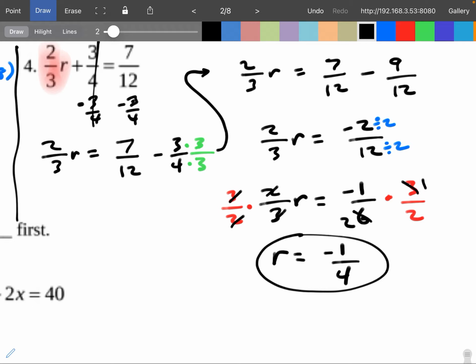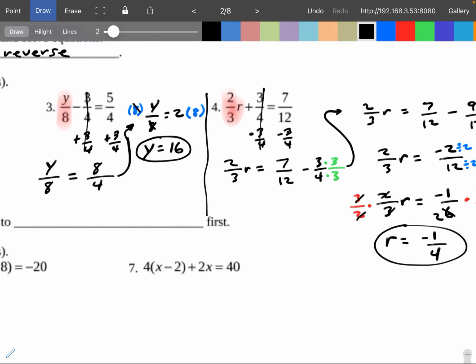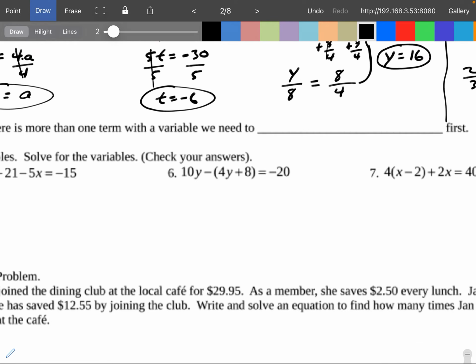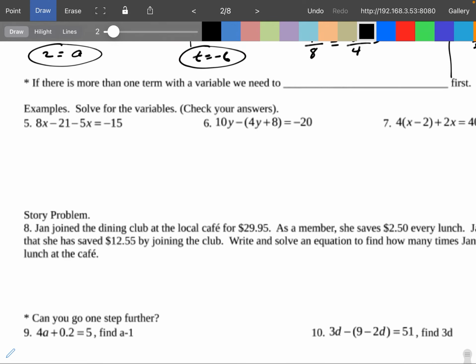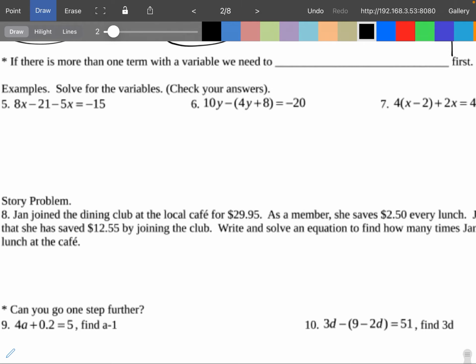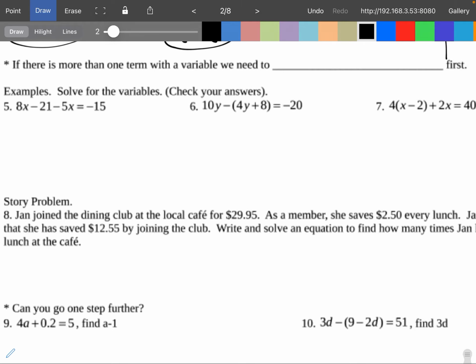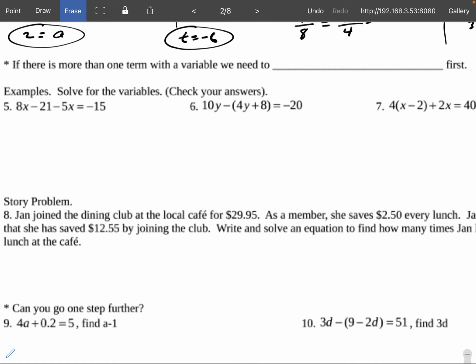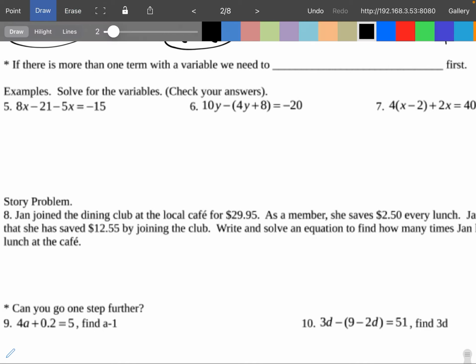All right. Well, let's fill in this next blank now. So the next blank here is, all right, so at the top of the page there, that blank, it says if there is more than one term with a variable, we need to.